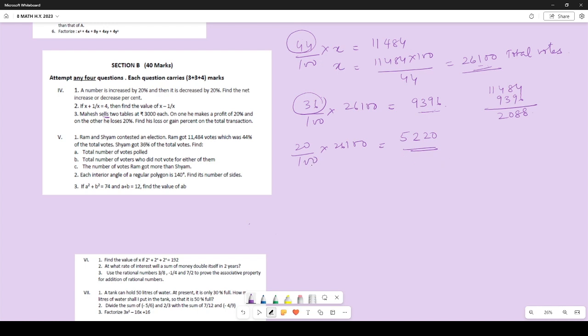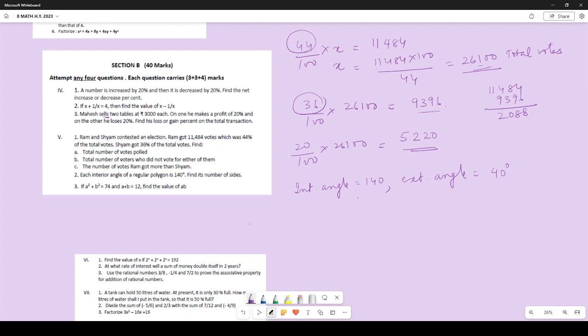Let us come to question number 2. Each interior angle of a regular polygon is 140 degrees. Now if interior angle is 140 degrees, this means that exterior angle will be equal to 40 degrees. How come? Because interior and exterior angles together make a linear pair and their sum is always 180 degrees.